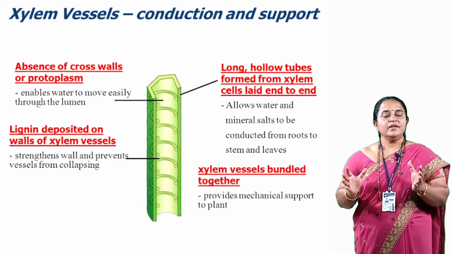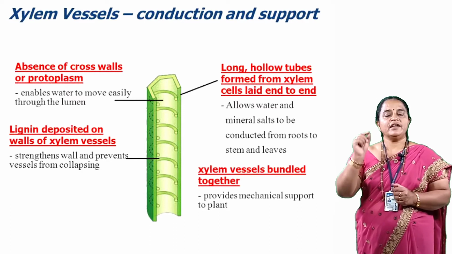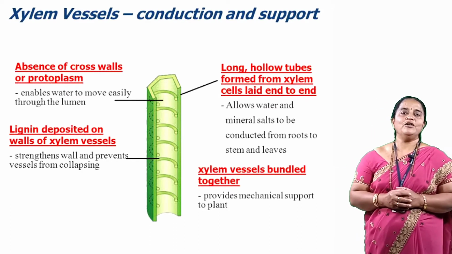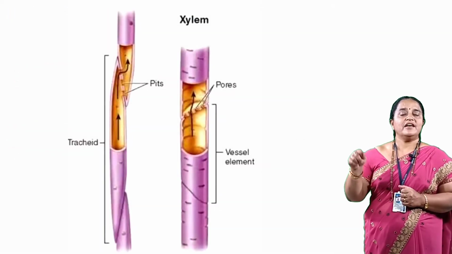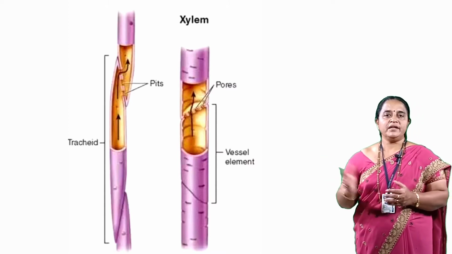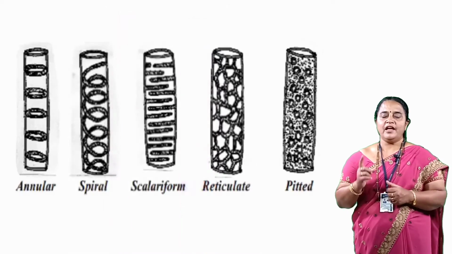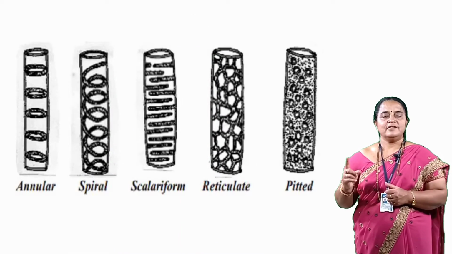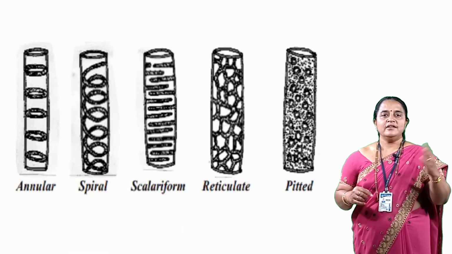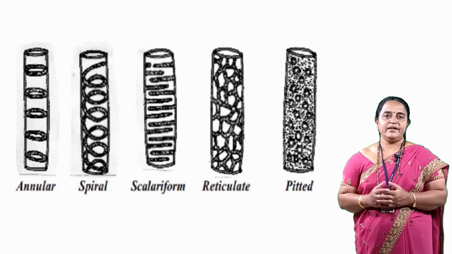And there are some where lignification is everywhere, leaving small areas. They are called pits. And some pits are bordered, so pitted and bordered pitted. So I told you about the lignification in xylem vessels: annular, spiral, scalariform, reticulate, simple pitted and bordered pitted.